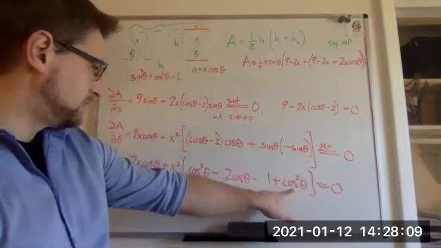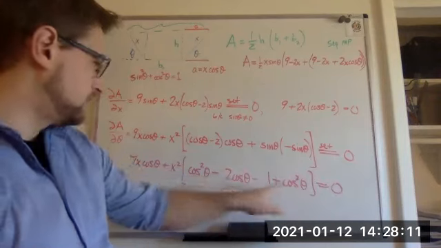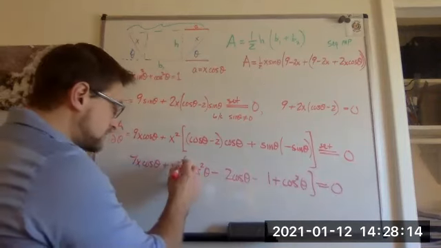So we have cosine squared. So we've got 2 cosine squareds.